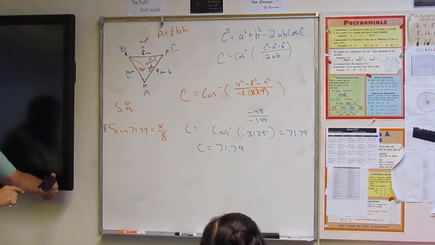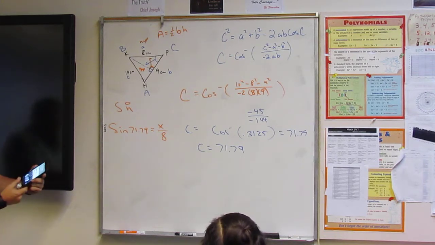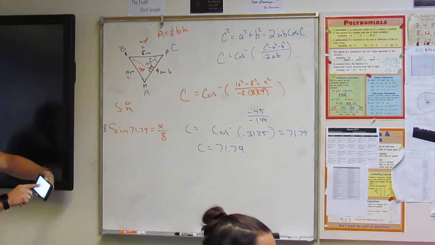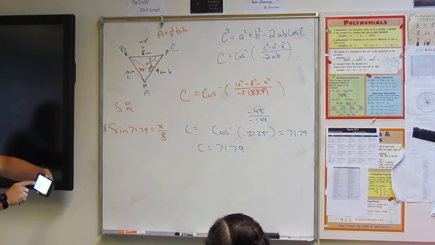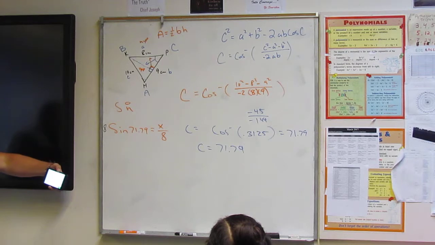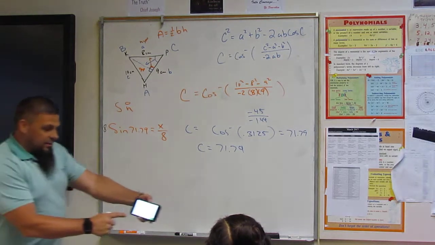So now what I'm going to do is take the sine of this number, this big number right here, right? I'm going to put my sine in front of it, so I need to change that to first. Gosh, it always does that for some reason. Put my sine in front of it. And then I'm going to put my 8 in front of that. See how I use that?